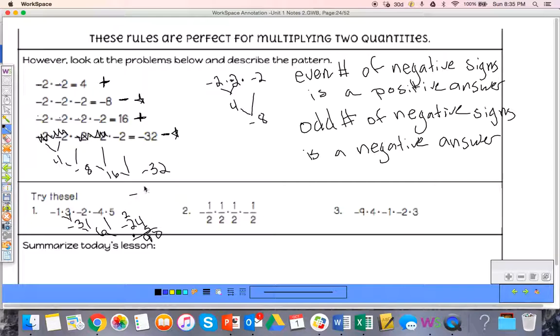And we get negative 90. I'm sorry, not 90. I can't add today. We get negative 120. I knew that did not look right as soon as I said that.